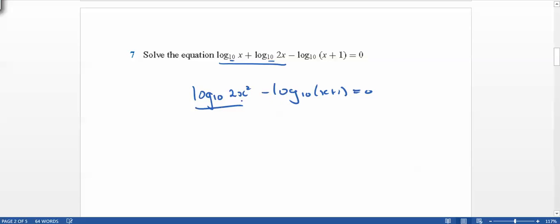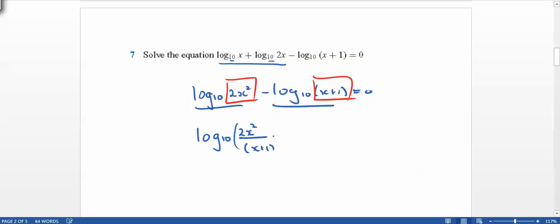Our log law lets us combine those two, but this time we have this as our numerator and this as our denominator, which is 2x squared over x plus 1.